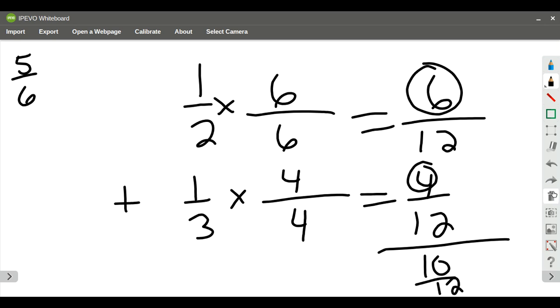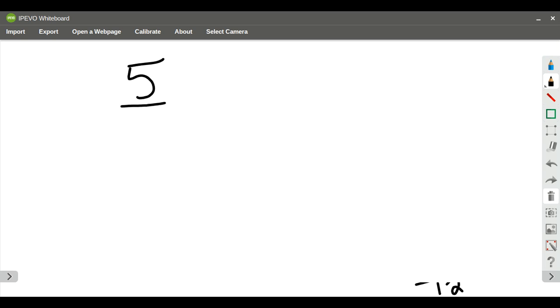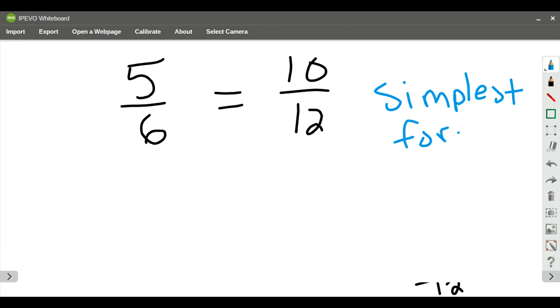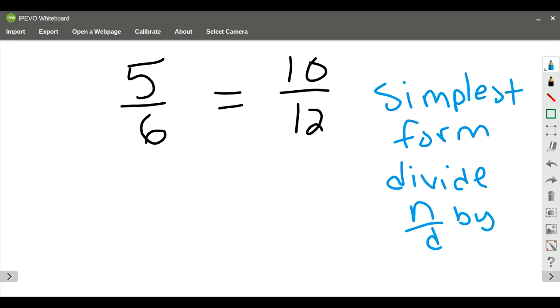So the question that we now have is, is 5/6 going to be equal to 10/12? And so what we need to look at is whether or not the fractions that we have are in what's called simplest form. So simplest form is where I cannot divide the numerator or the denominator by the same factor.